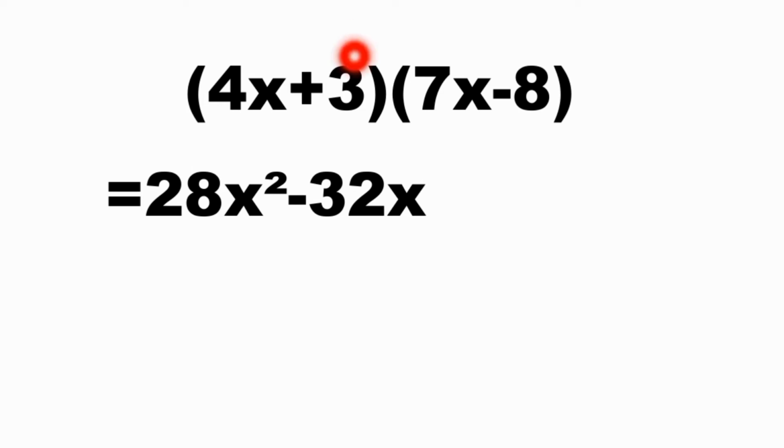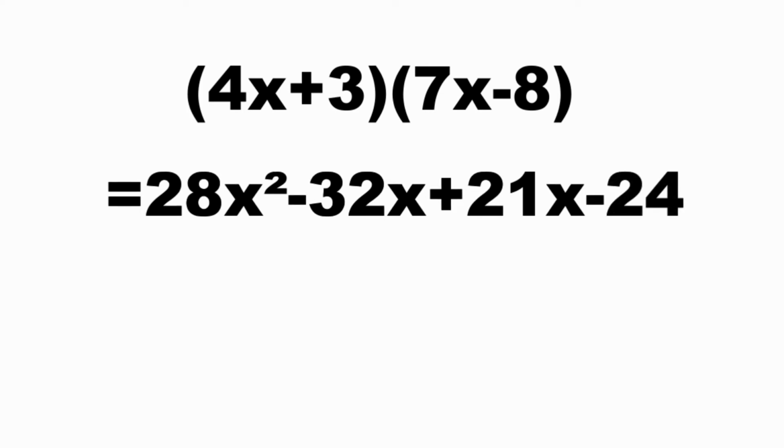Then 3 times 7x is 21x. Since this is positive, plus 21x. And the last: positive 3 times negative 8 is negative 24, so minus 24.